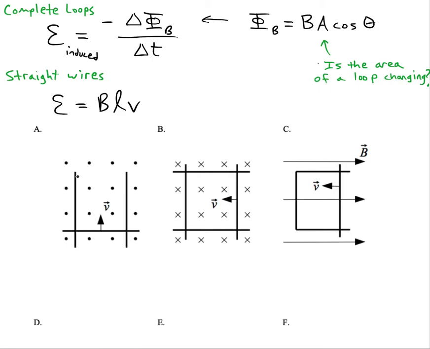Now in this first situation A, we see that there is no complete loop. So we can't say that the area is changing because we don't even have a loop with which to calculate an area. The magnetic field is certainly not changing, and there's no angle to change either. What we have in this situation is a moving straight wire.